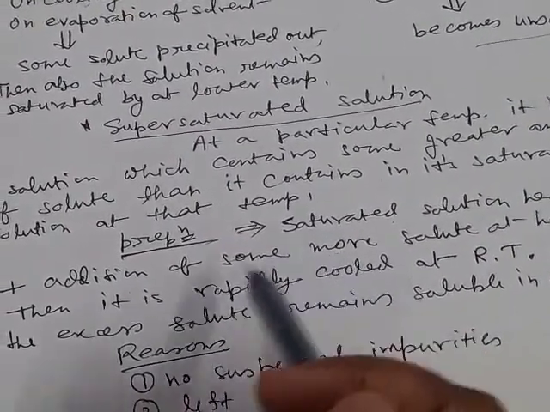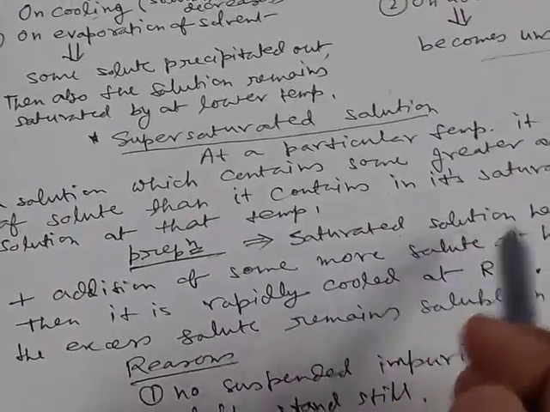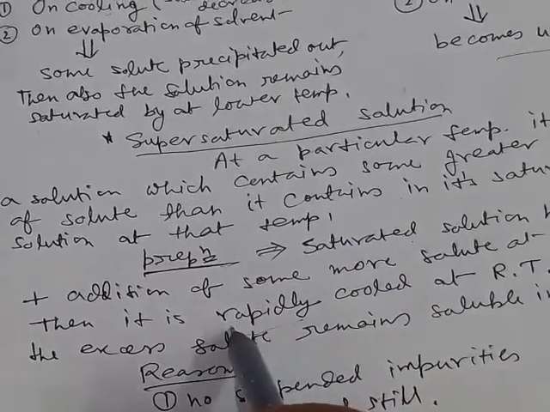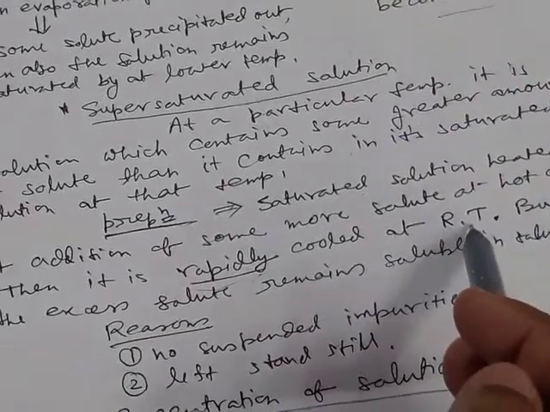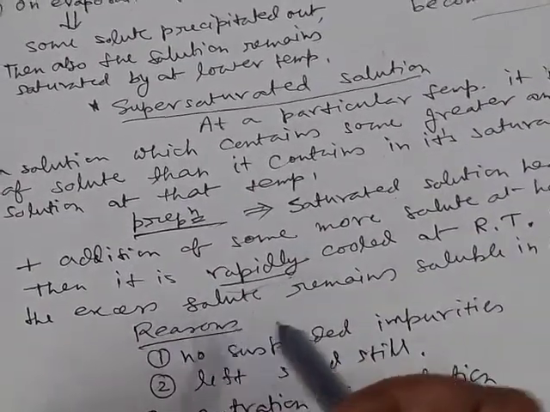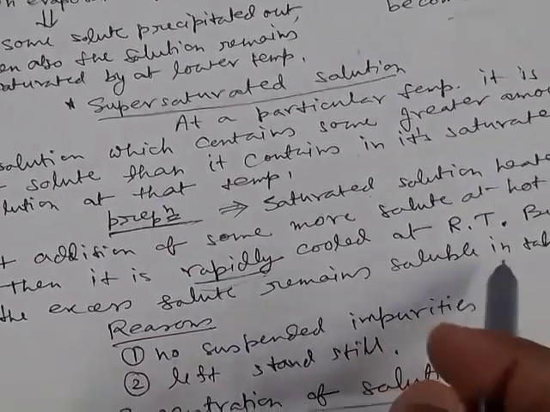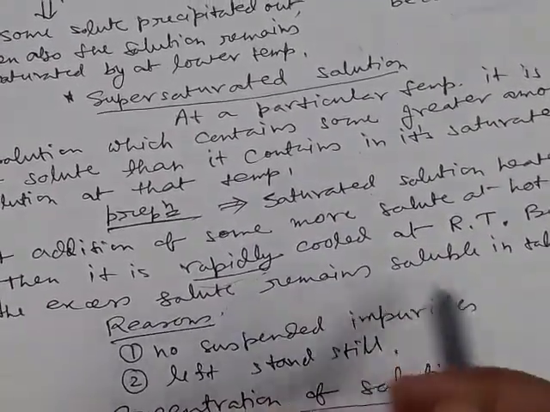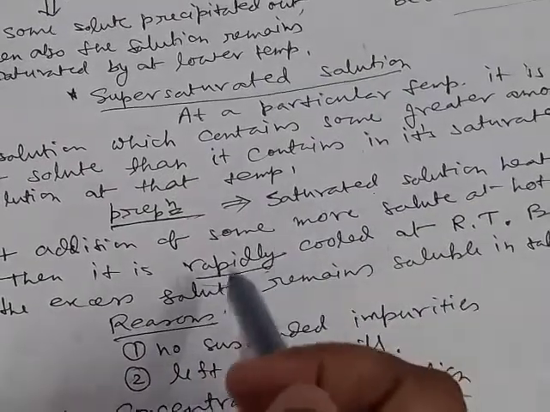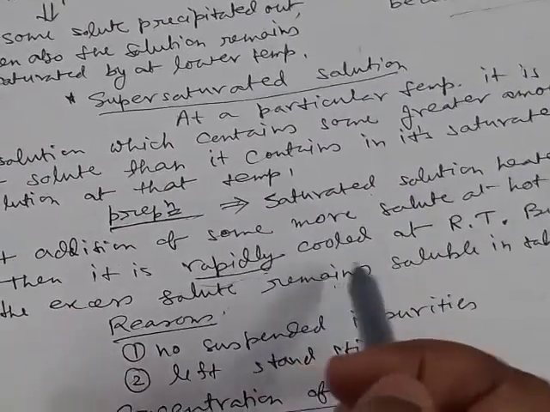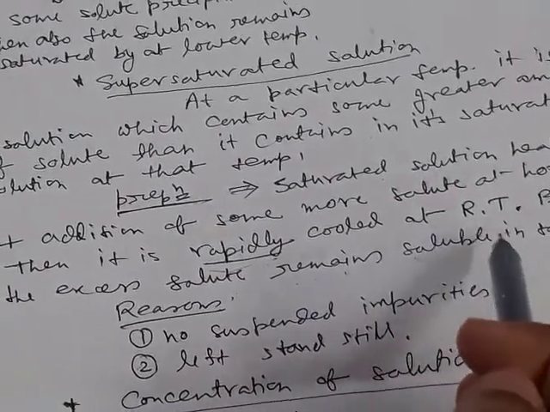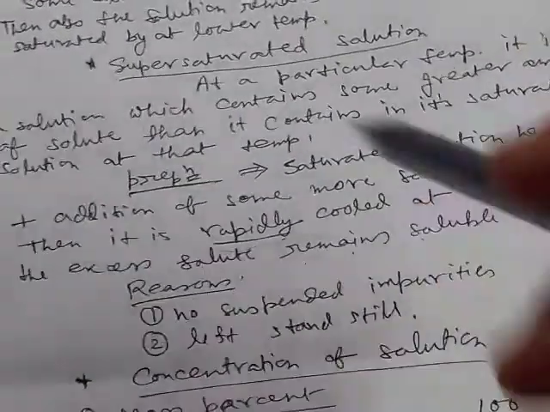After that, the solution is rapidly cooled to room temperature, but the excess solute remains dissolved in the solution. The excess solute is not precipitated out. Then the solution is called a supersaturated solution. This type of solution contains an amount of NaCl which is greater than that of the saturated solution.